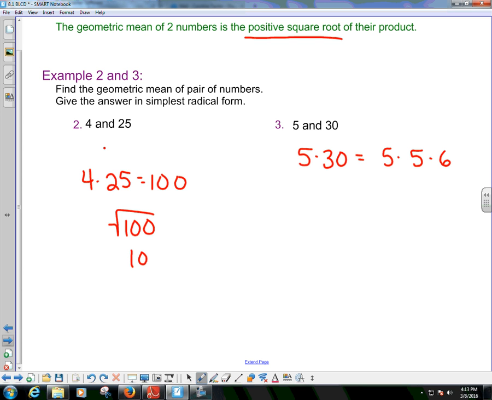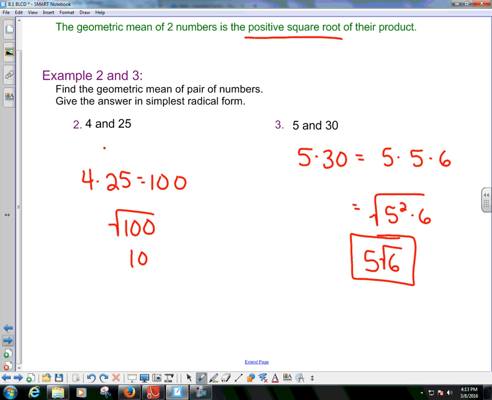And I know I have to take the square root of this number. So I'm going to look at this and say 5 squared times 6. And then when I take the square root of this, what's the square root of 5 squared? Well, that's 5. Do we know the square root of 6? That can't be simplified. So my geometric mean of 5 and 30 is going to be 5 times the square root of 6.